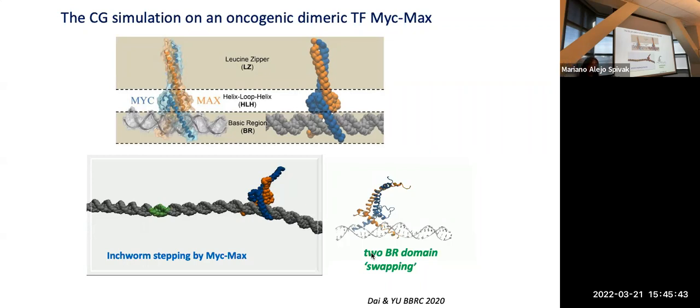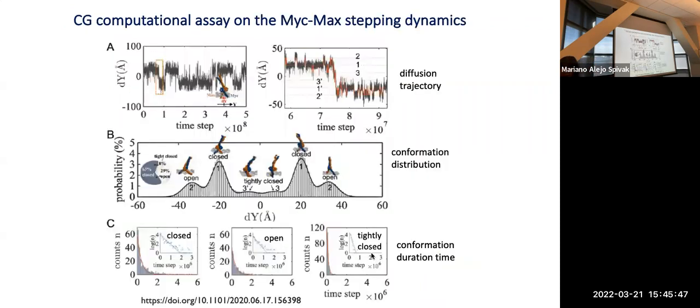We have to wait to see experimentally, but this gives some hint. So with this kind of assay, we can actually detect different conformations, some waiting time, just like experimentally. I think that's what you call an assay. It just helps the statistics. Of course, the model loses some information there.